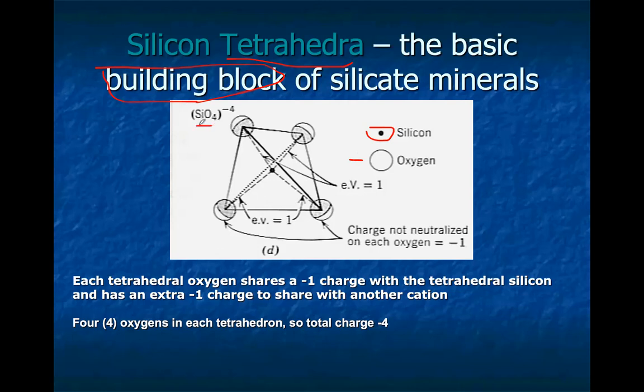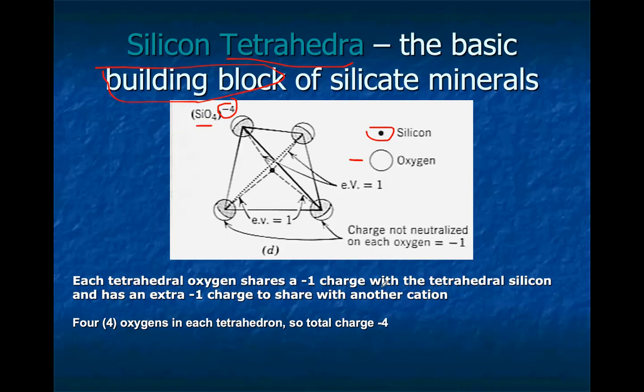So you have four oxygens connected to one silicon atom. You know silicon is 4+, and oxygen's valence is -2. So 4 times -2 is -8, and 4 plus. So you are getting a balance of 4 minus 8, which is -4. That means the silicon tetrahedron must have a charge of -4, so it's not neutralized.